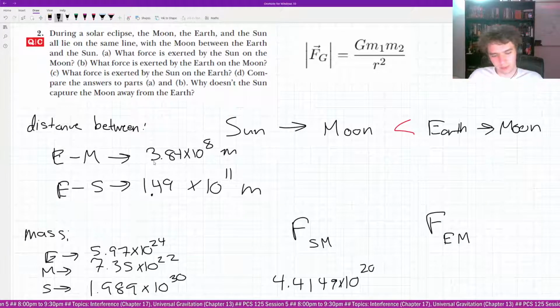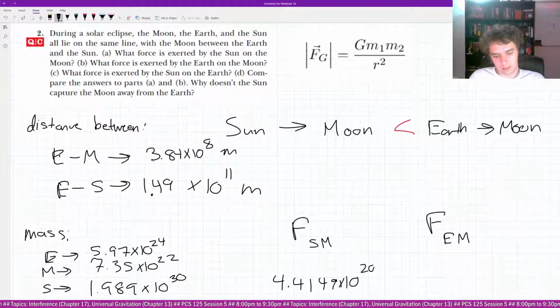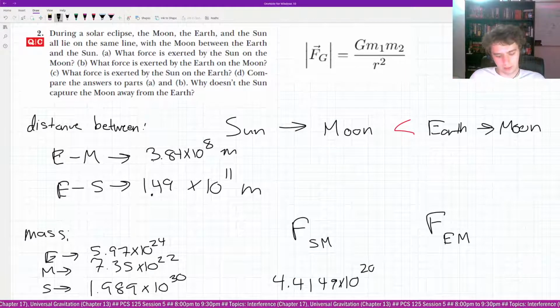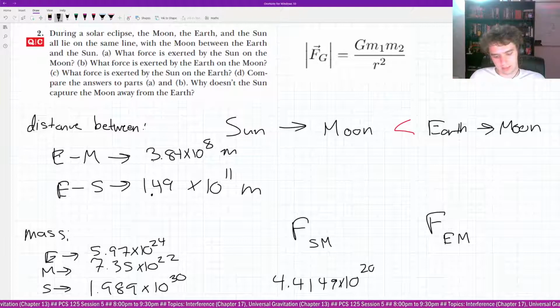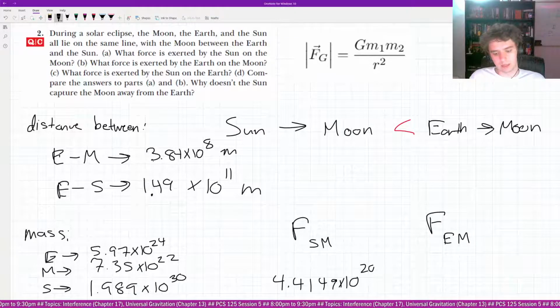Okay, let's see what Earth and the moon is. So this is going to be 3.84 times 10 to the 8 squared. I just need to replace the sun mass with Earth mass, and that's the only difference. And then the distance changes too.